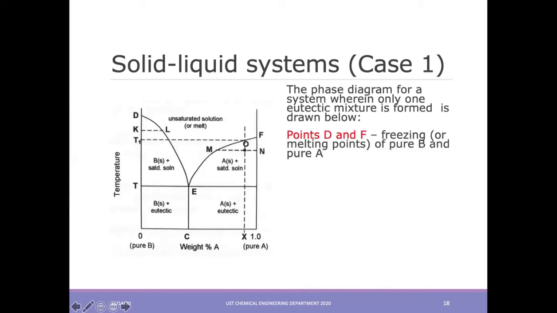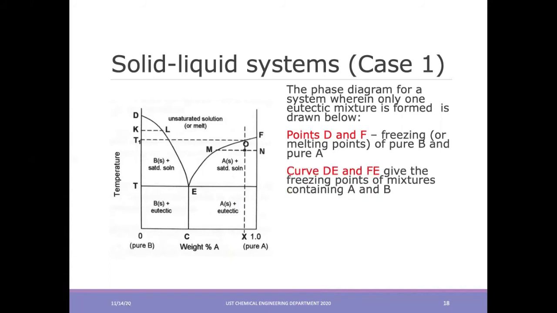Okay, so points D and F here refer to the freezing or melting points of pure A and B. Recall that on the temperature versus composition axis, this refers to pure B and this refers to pure A. Now, what could we say about curves DE and FE? These give the freezing point of the mixtures which contain A and B.